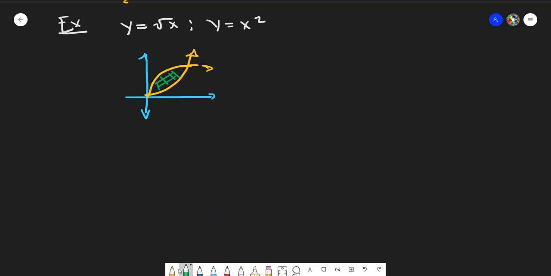Okay, so we know that it's rotating about the x-axis, which means that the kth rectangle or kth washer is going to be vertical. I wanted to know what that looks like, and in my mind it looks something like this.